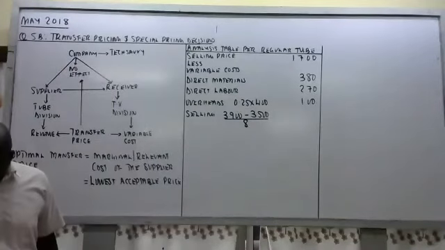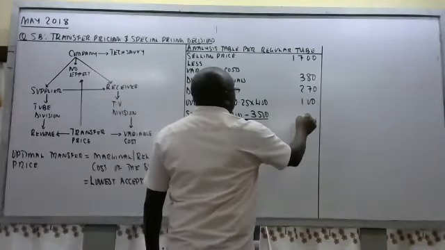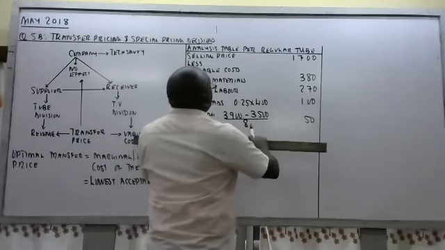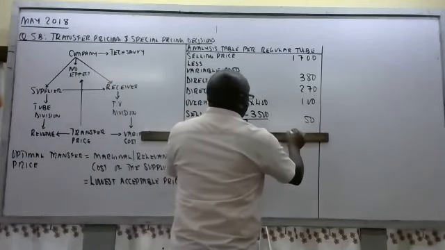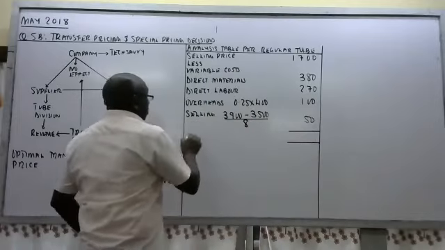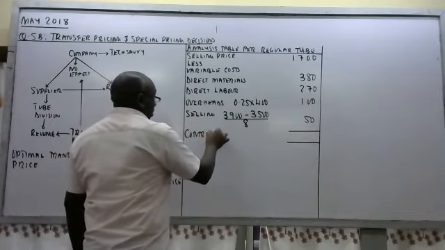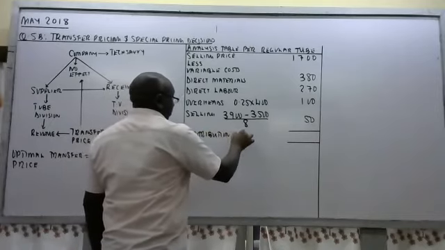400 divided by 8 is 50. So that gives us 50. So with that now, give me contribution margin. Contribution margin.